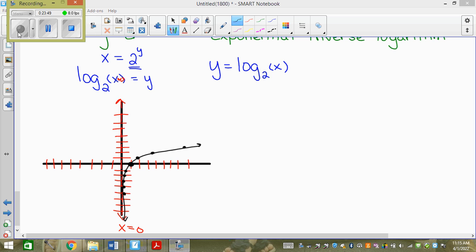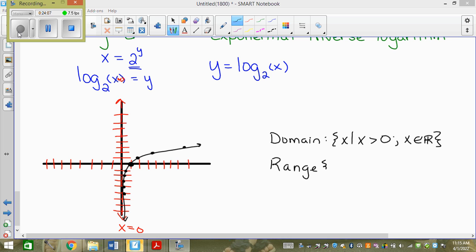So my domain, the domain of this graph, is x such that x is greater than 0, x an element of the reals. And my range? Y is an element of the reals. Okay, now listen.